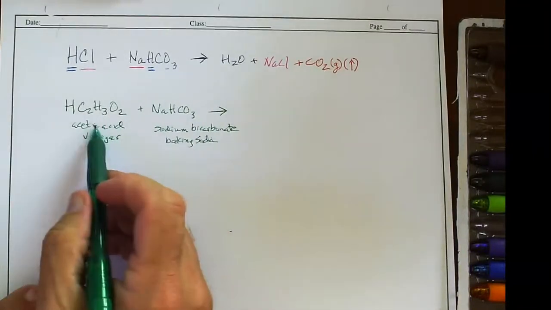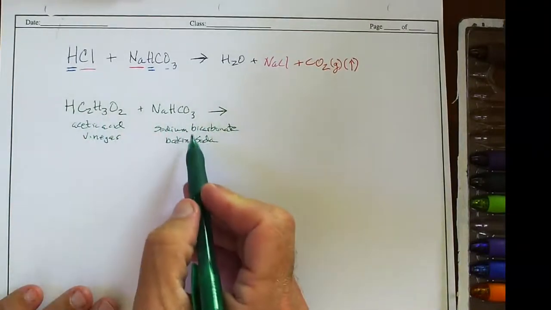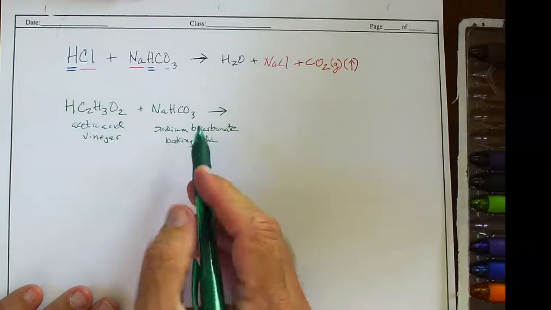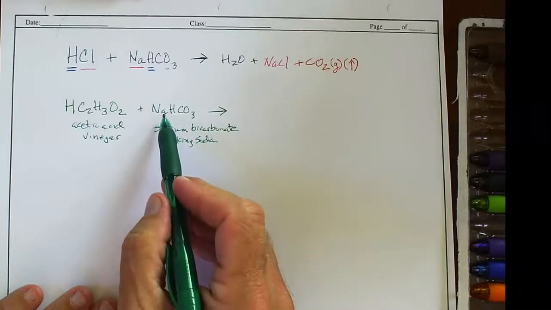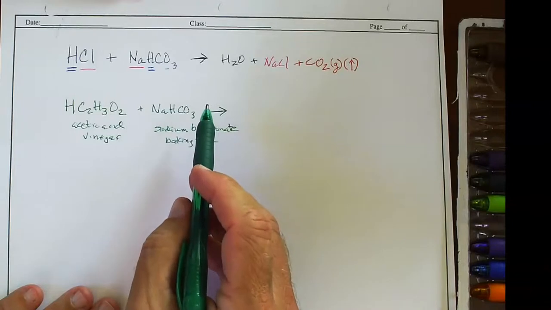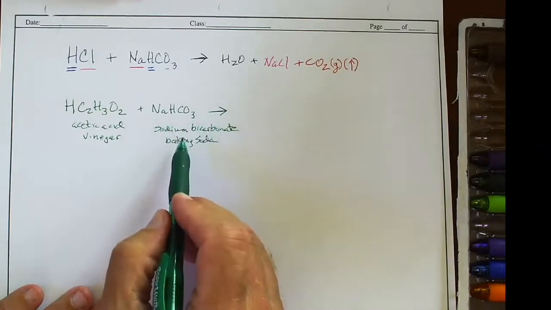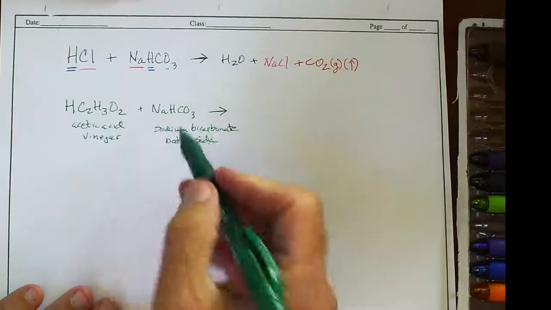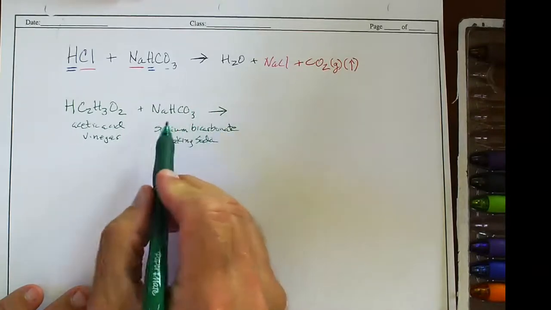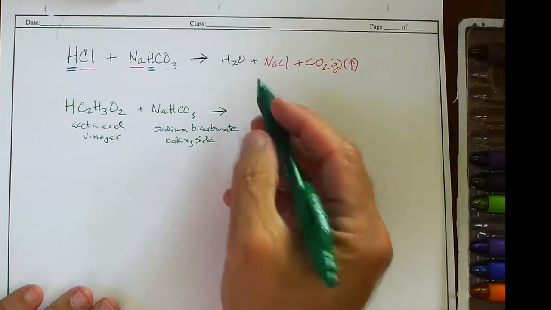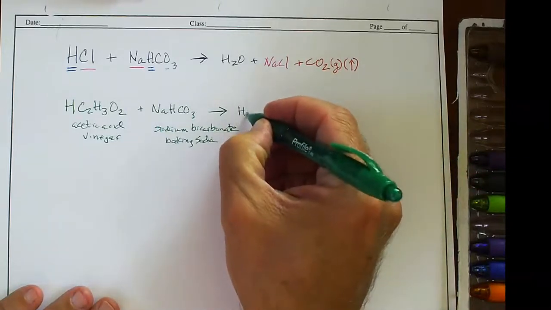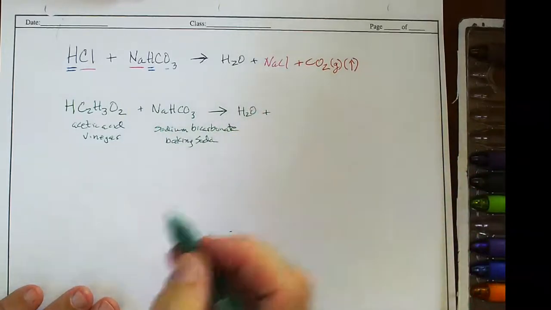Well, this is an acid, and baking soda is a weak base. Technically, it is a salt made from a weak acid and a strong base, but we won't go there now. We're not to that point. So what do we get? We know we have to get water.